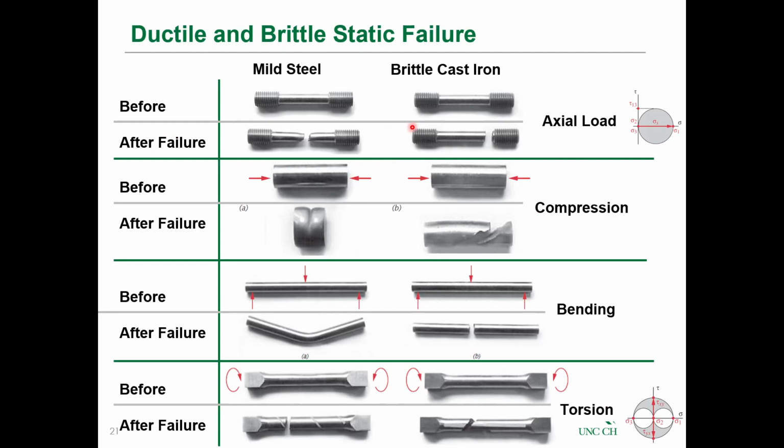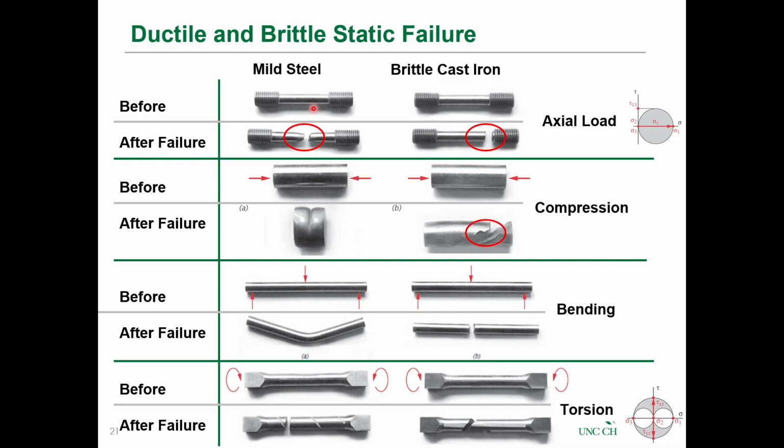Okay. So if we look at this axial load here, which is this case, we apply it. If we have mild steel, we see that this mild steel fails at about a 45-degree angle on that shear plane. It fails due to shear stress. For the brittle material, it actually fails due to the principal stress.